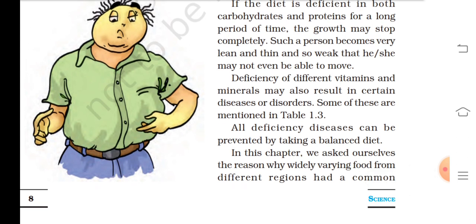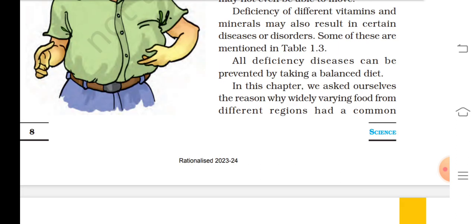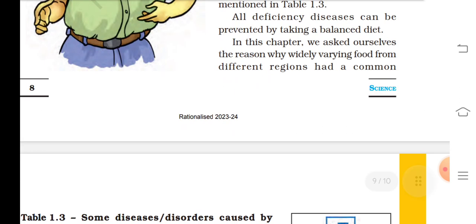Such a person becomes very lean and thin and so weak that he may not even be able to move. Deficiency of different vitamins and minerals may also result in certain diseases and disorders. Some of these are mentioned in table 1.3. All deficiency diseases can be prevented by taking a balanced diet.